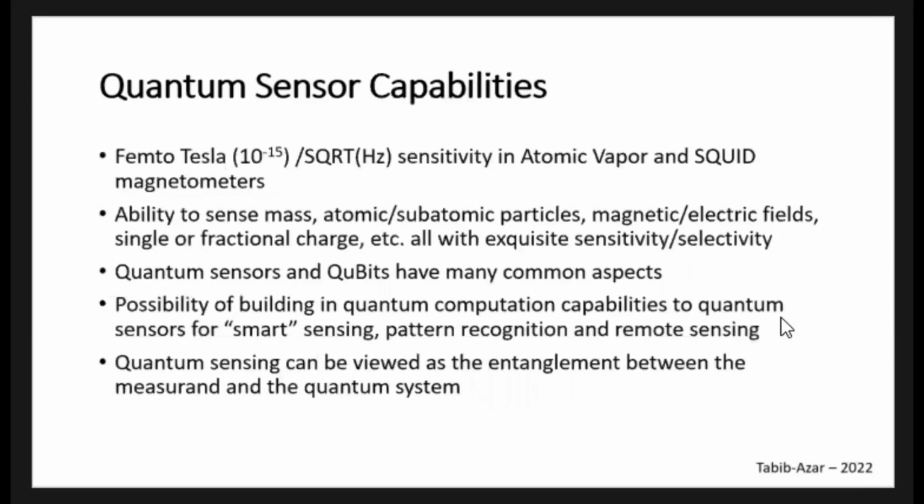The main capability of these quantum sensors is that they have very high sensitivity. So if you want to detect, let's say, the magnetic field generated by brain firing, the neuron firings, that's on the order of femtotesla sensitivity. So in general, quantum sensors and quantum systems are very, very sensitive.